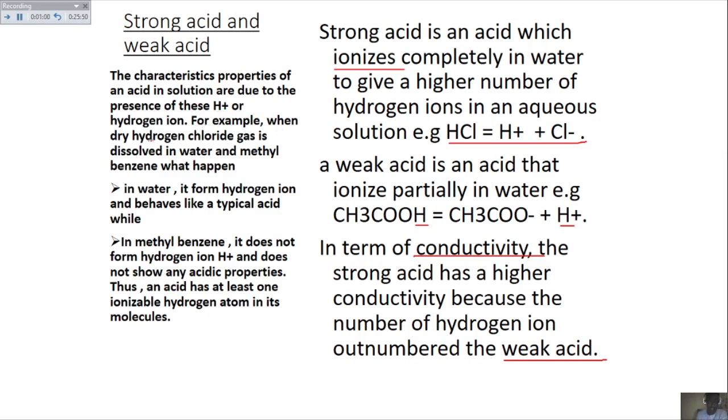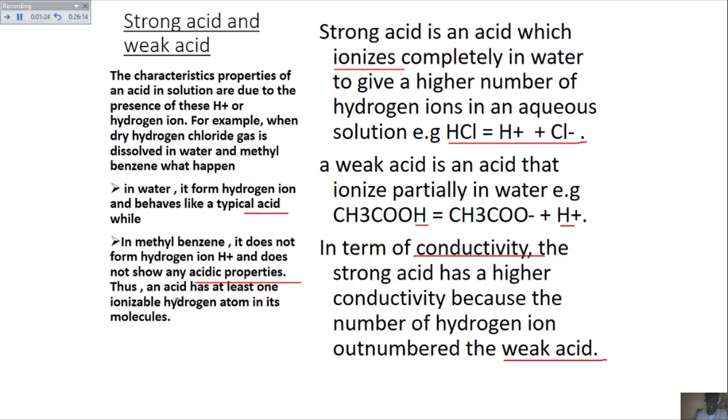For example, when dry hydrogen chloride gas is dissolved in water and methylbenzene, what happens? In water, it forms hydrogen ions and behaves like a typical acid, while in methylbenzene it does not form hydrogen ions and does not show any acidic properties.